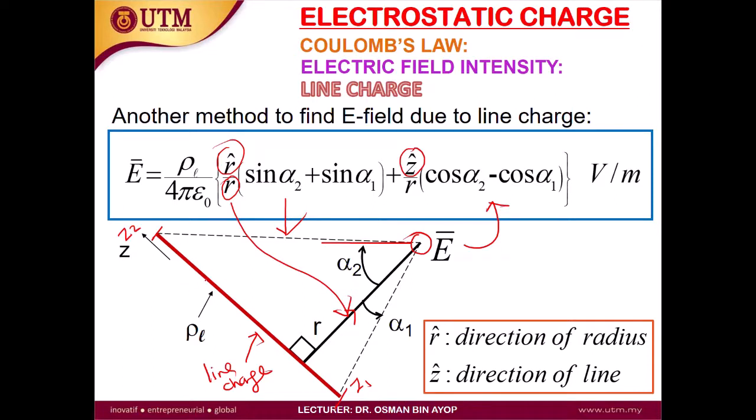But if our rho L is on the Y axis, this one becomes Y. If X, it also becomes X. So we have to modify the expressions. How we can obtain this, we will see later. Just for introduction. And this formula will be given during the test or final exams. No need to memorize, but you have to understand the equations.